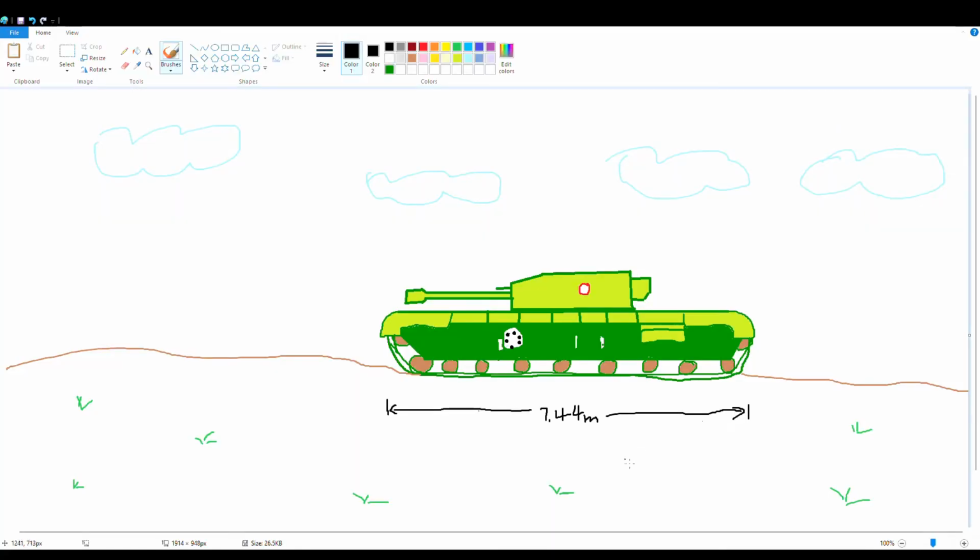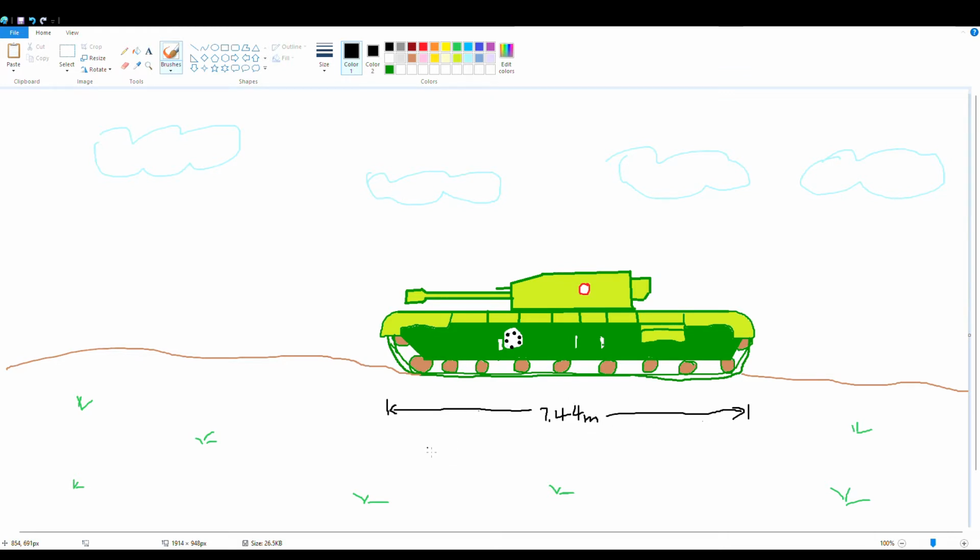Alright, so after doing the experiment, it turns out it takes 26 Churchill tanks to get from where my friend will be standing to where I will be standing. And from what I found online, each Churchill is 7.44 meters long.